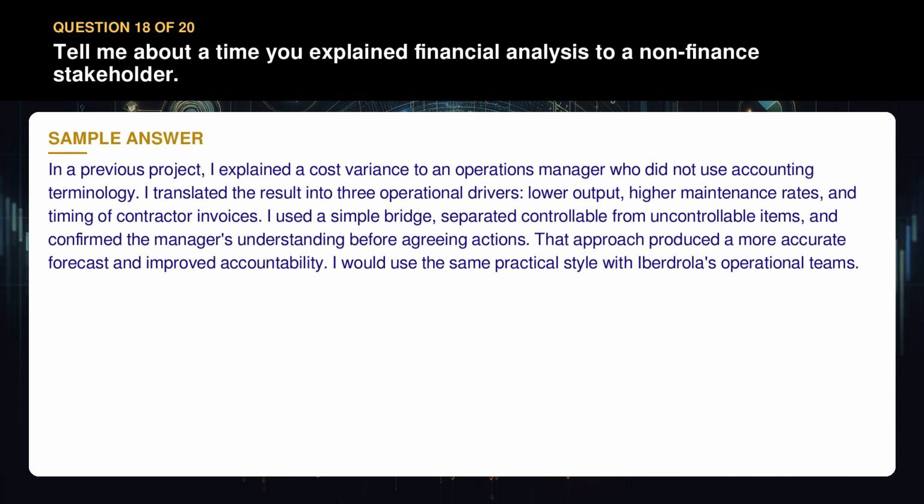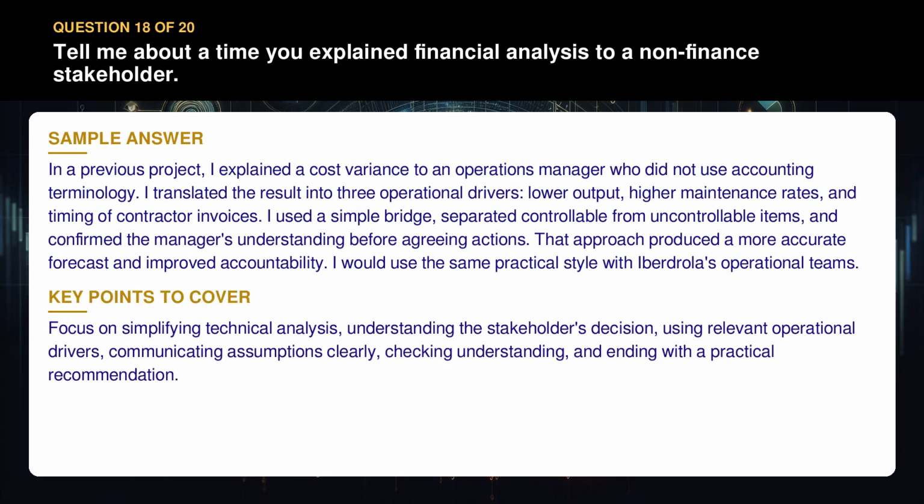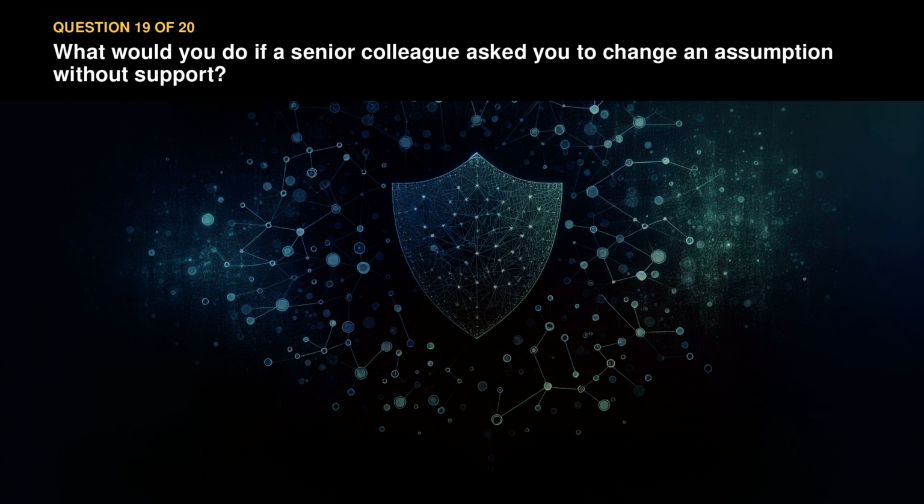That approach produced a more accurate forecast and improved accountability. I would use the same practical style with Iberdrola's operational teams. Focus on simplifying technical analysis, understanding the stakeholder's decision, using relevant operational drivers, communicating assumptions clearly, checking understanding, and ending with a practical recommendation.